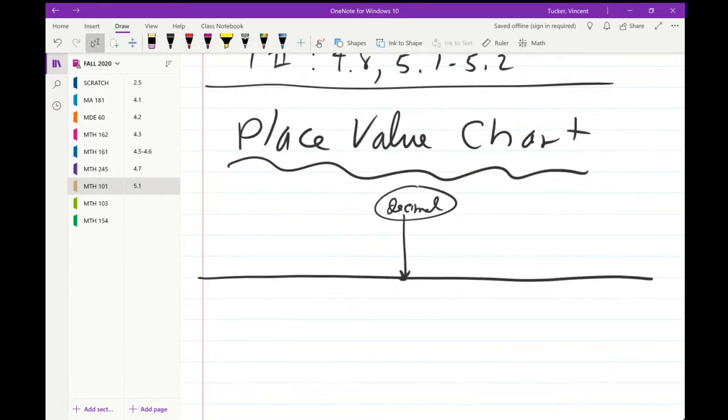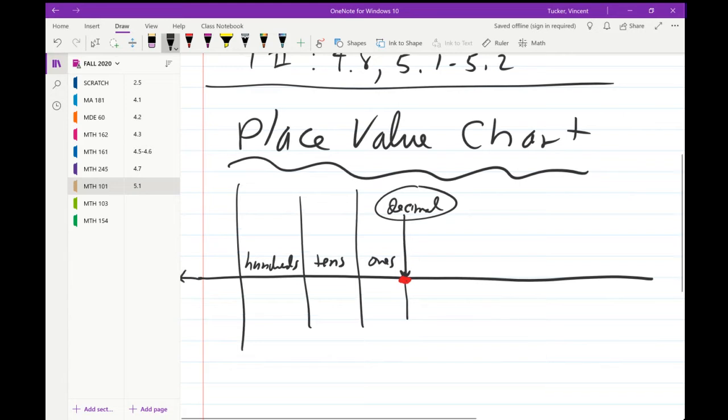So we're looking at our place value chart. Yep, didn't give myself enough room. That's all right.